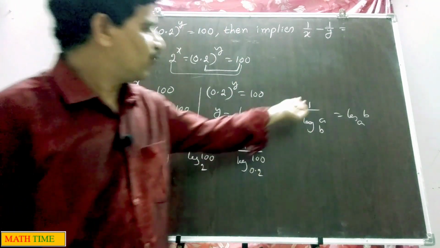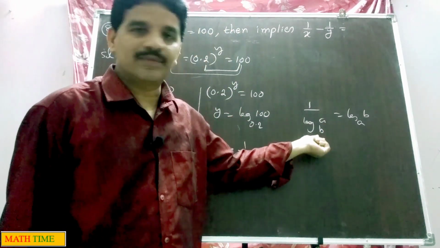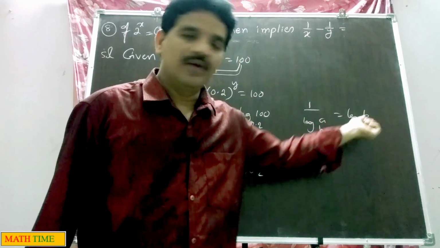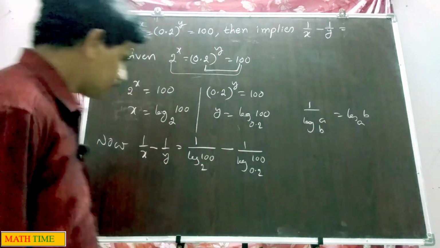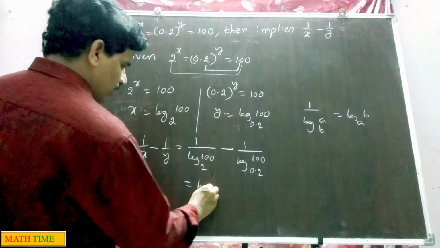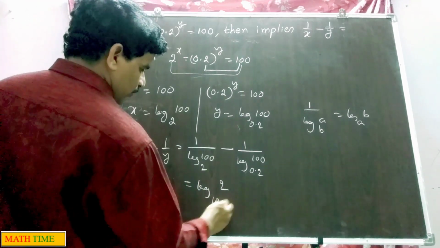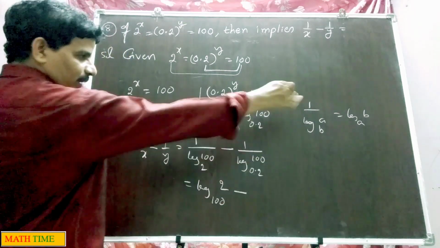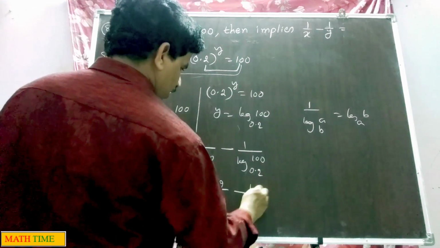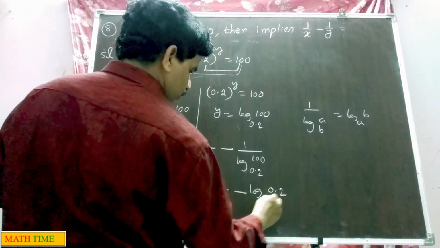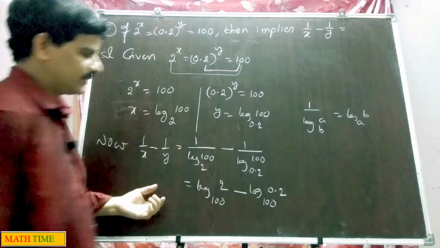Whenever we have 1 by log of a to the base b, this can be written as log b to the base a. Therefore it becomes log 2 to the base 100 minus, similarly applying the same formula, log 0.2 to the base 100.